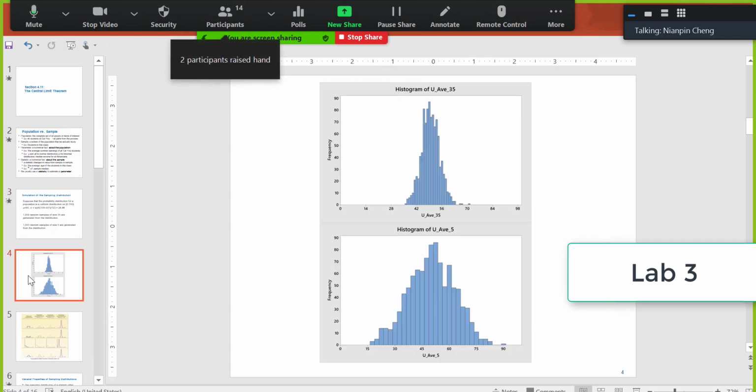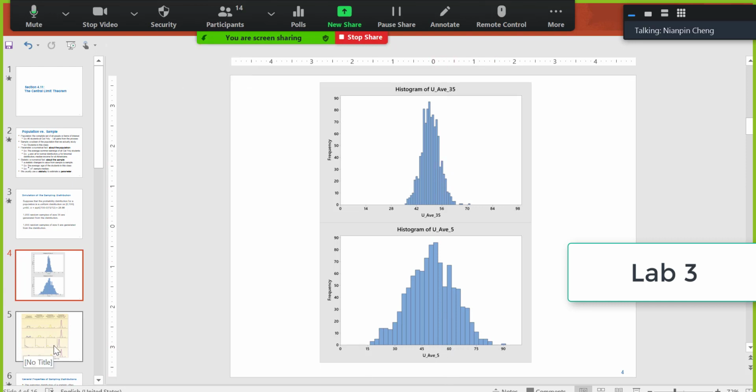Okay, awesome, thank you. So this is what I did in Minitab. If the sample size is 5, compared to sample size 35, the variance is larger, but the center for both is 50.